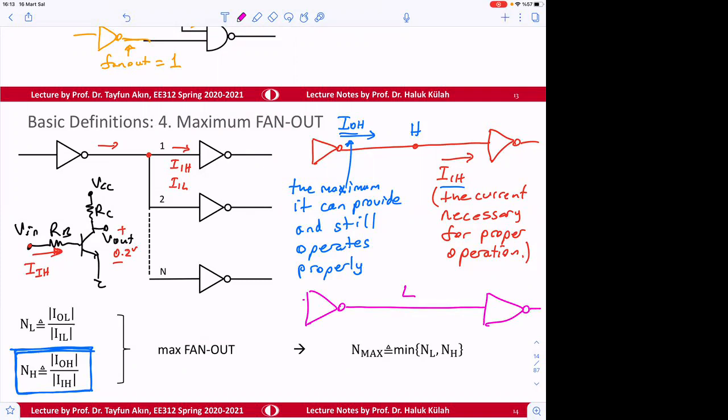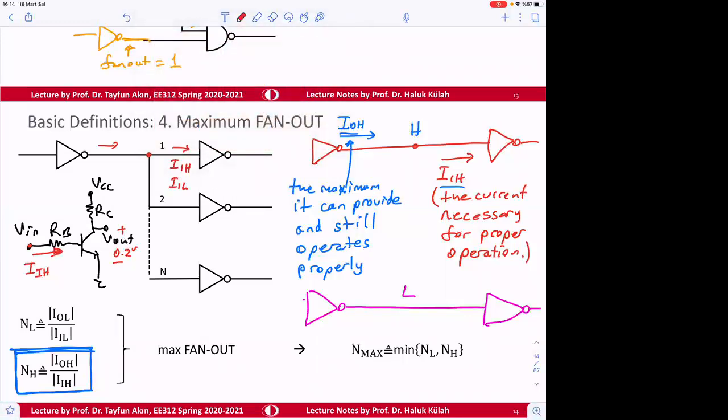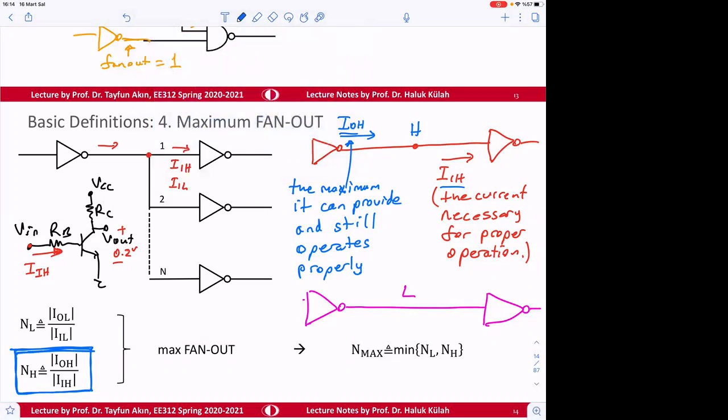This can sink a maximum current. We can call this thing I output low, the maximum it can sink and still operate properly.